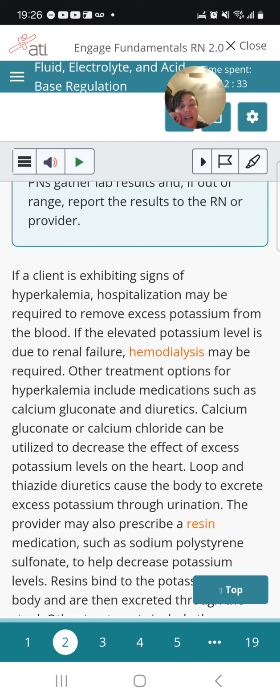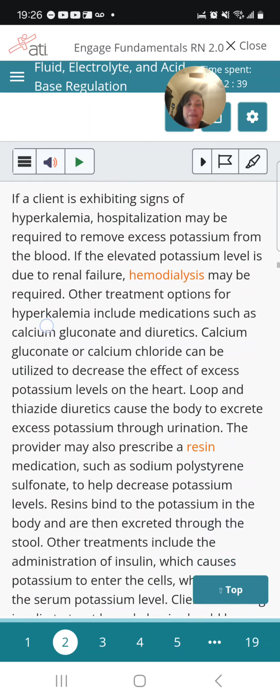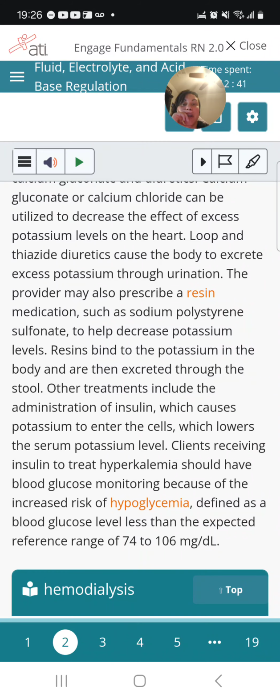Loop and thiazide diuretics cause the body to excrete excessive potassium through urination. The provider may also prescribe a resin medication such as sodium polystyrene to help decrease potassium levels. Resins bind to the potassium in the body and are then excreted through the stool.